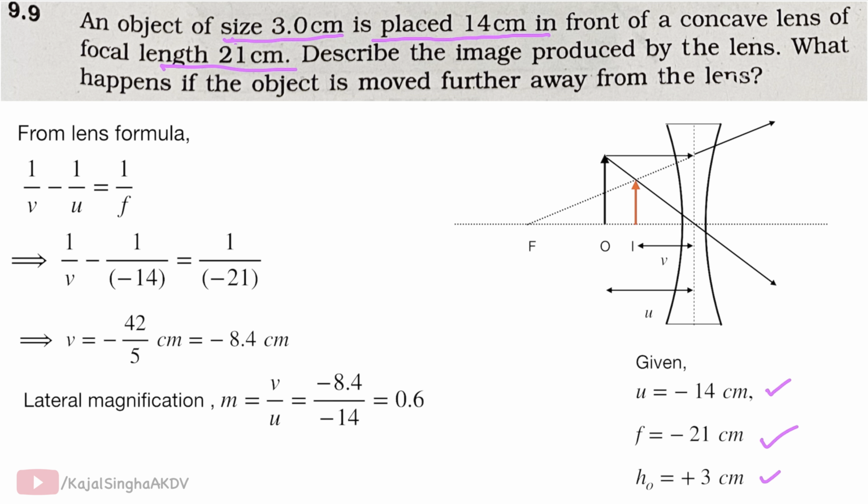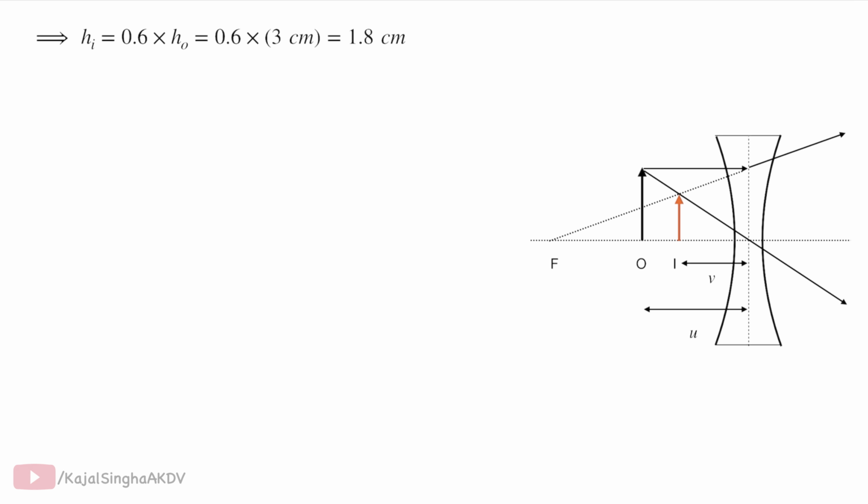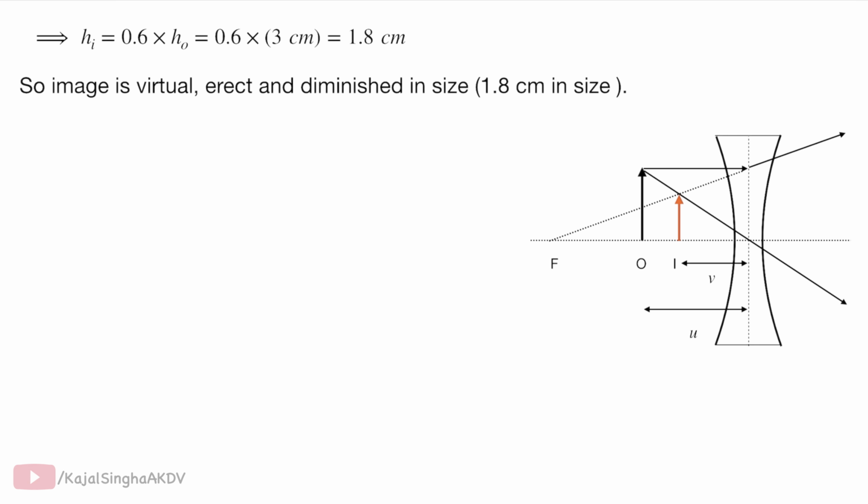So we get m equals to 0.6 or hi by ho equals to 0.6 or hi equals to 0.6 into ho, and after calculation we get 1.8 centimeter. So image is virtual, erect and diminished in size, that is 1.8 centimeter in size.